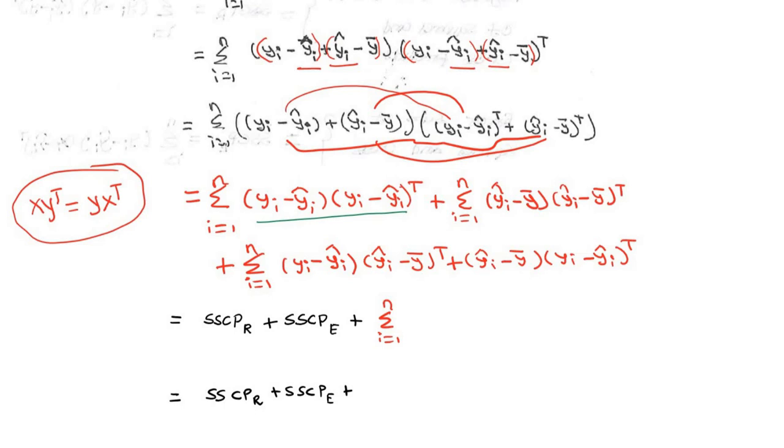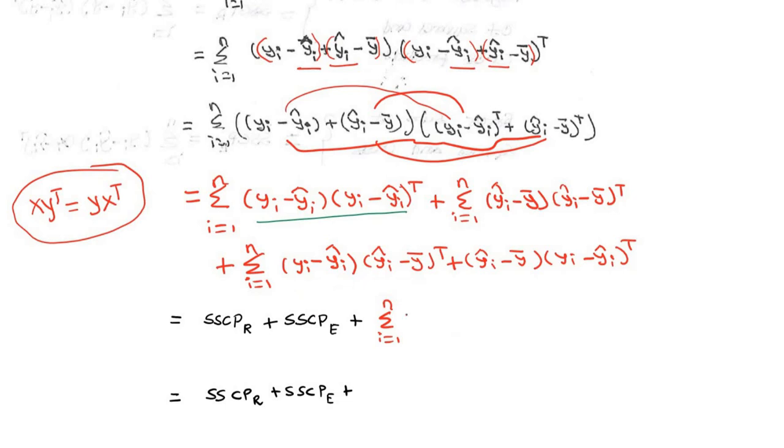With this property I want to write that one now as (yx) transpose.